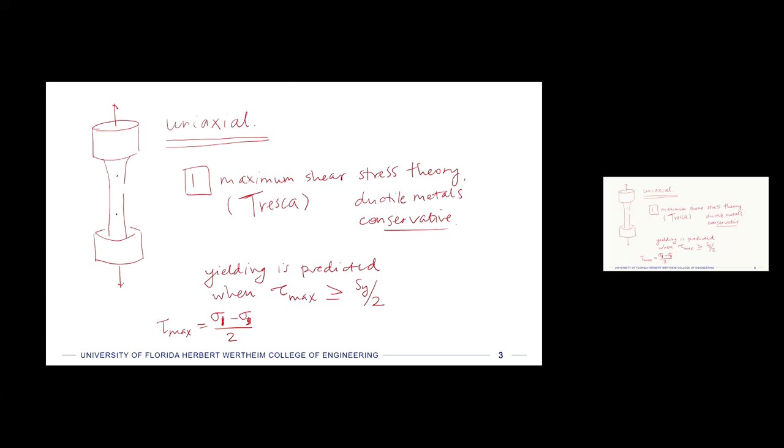And so then our tau max is simply sigma 1 divided by 2. So in a uniaxial case, we compare sigma 1 divided by 2 to the yield stress divided by 2. And if that happens, we would predict yield.